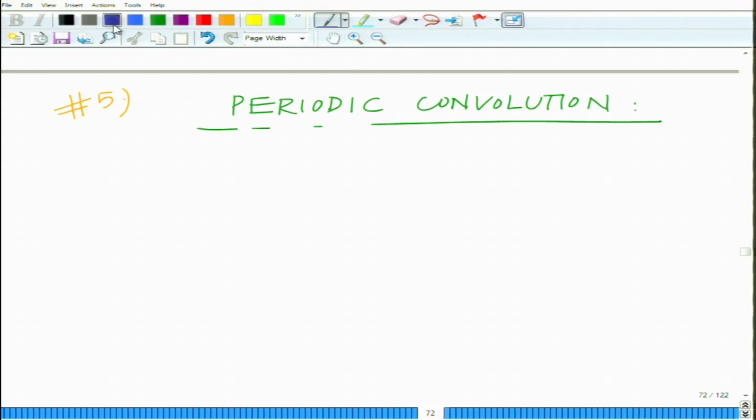Now consider, so periodic convolution, now consider two signals x1 of t and x2 of t which are periodic.